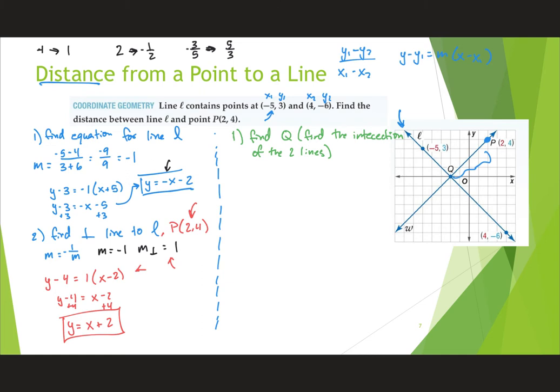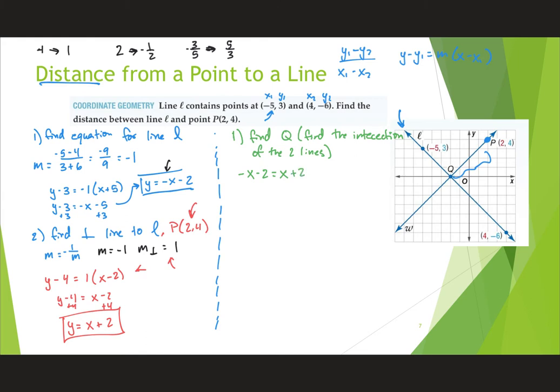Now, this is the point where both lines intersect, so the x and y values are going to be the same in both lines. As you can see over there, on point Q, both lines are at the same point. So, since the x and y values of the two lines will be equal at this point, I'm going to set the equations of my perpendicular line and my original line equal to each other.